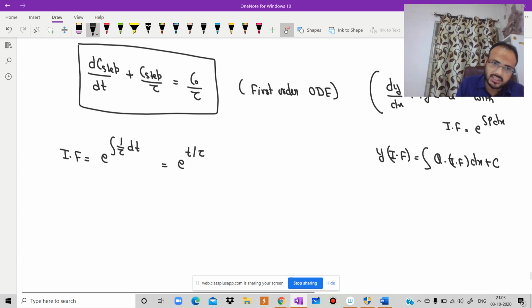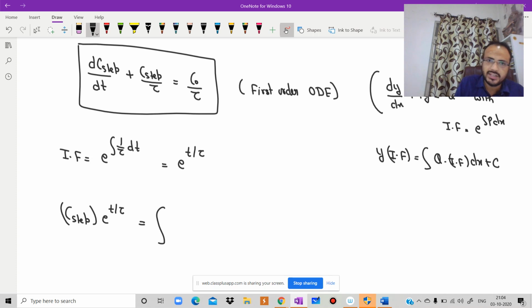Now you can write the solution of this equation. What is y? That is C step. C step into the integration factor e to the power t by tau is equal to the integral of Q, that is C node by tau, into the integration factor e to the power t by tau into dt, plus we have the integration constant.